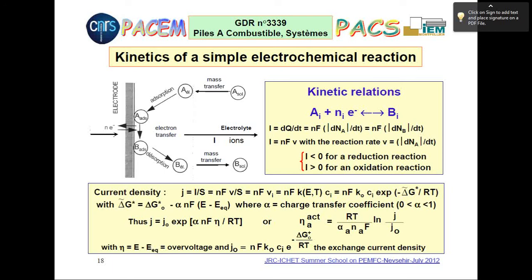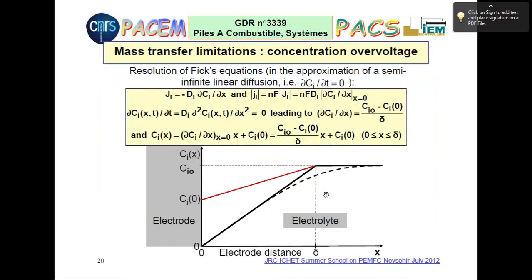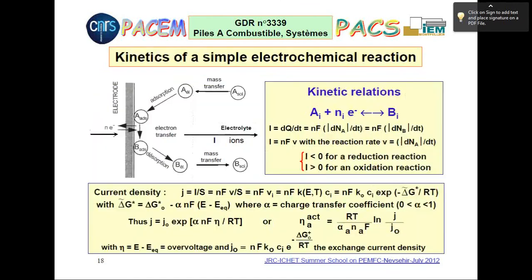Okay, then you can calculate the current density for an elementary reaction, assuming a first order reaction. In kinetics, for a first order reaction, the rate is proportional to the concentration. So it's written here, the intrinsic rate is a constant which depends on the intensive variables. Intensive means variables which don't depend on the quantity of matter, like electrode potential, temperature, pressure, times the concentration.